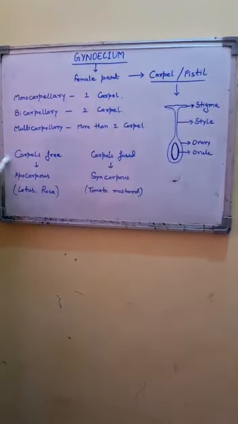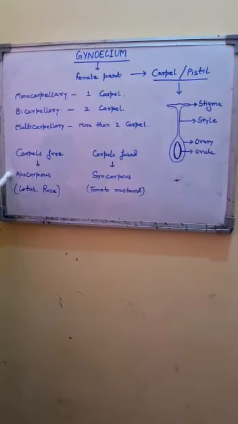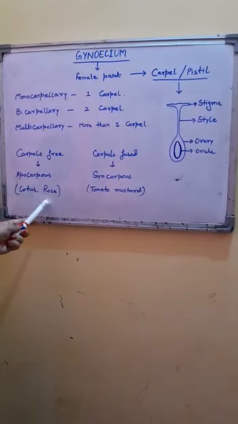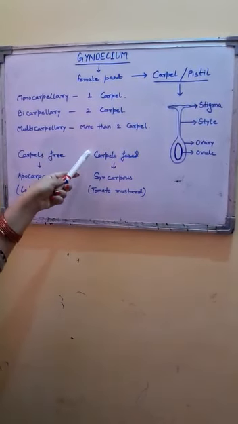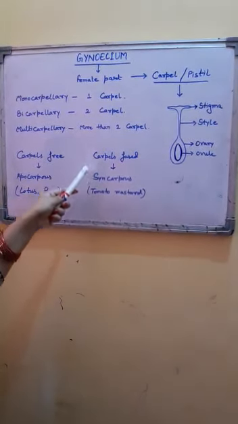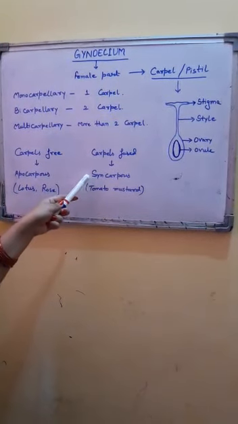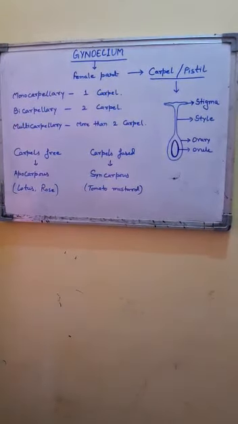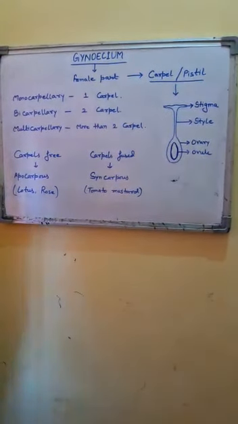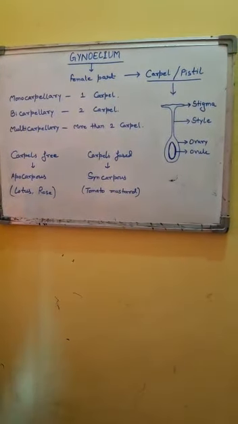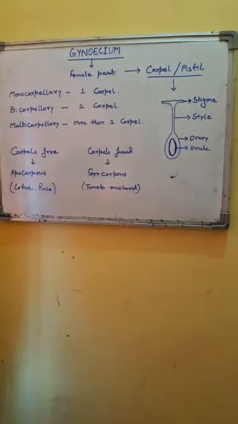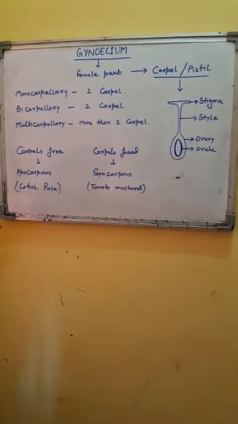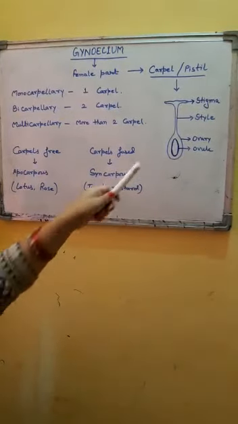If carpels are free, this condition is called apocarpous, which can be found in lotus and rose. If carpels are fused, this condition is called syncarpous, and this can be seen in tomato and mustard. The ovary can be unilocular, bilocular or multilocular on the basis of locules or chambers present in an ovary.